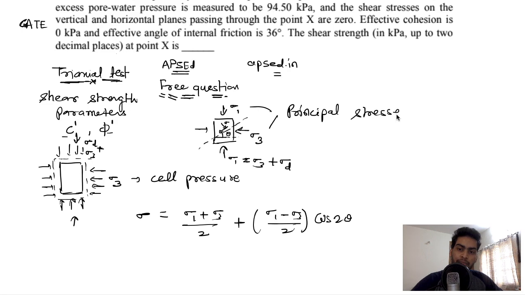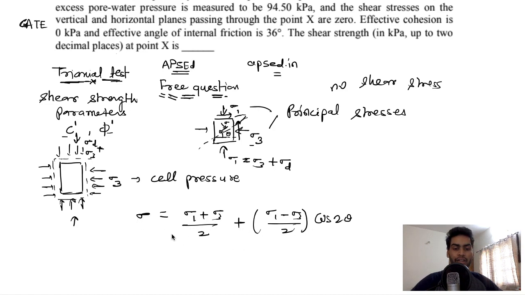Why are these principal stresses? Because on this horizontal plane or on this vertical plane, on any of these surfaces, there is no shear stress. So these sigma 1 and sigma 3 are principal stresses. This formula we are writing from SOM.